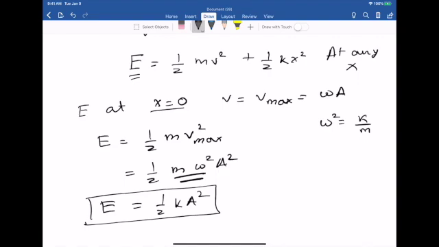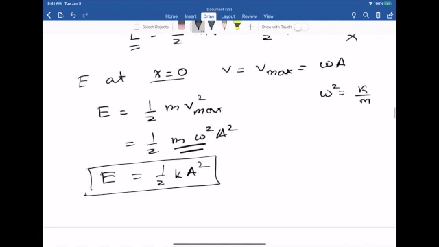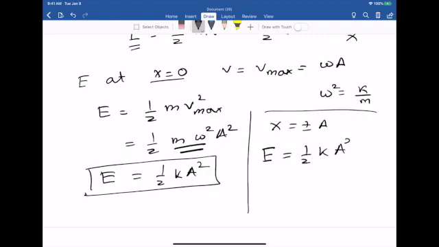You can see that either by finding the total energy at x equals 0, or more directly, if you find the total energy at x equals plus or minus A, the velocity is 0, so the total energy is potential. So in that case, it would just be E equals half kA squared, because v is equal to 0.